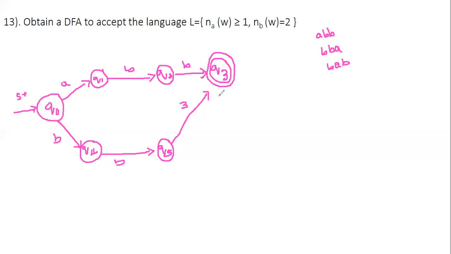Then later, if you are getting BAB, observe it: first B, later A you are having. So after receiving A in Q4, we need a transition from Q4 to such a location from where there is a transition on B towards the final state, where a single B is available.